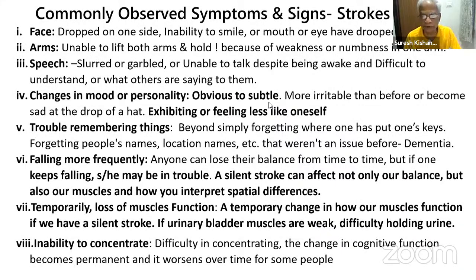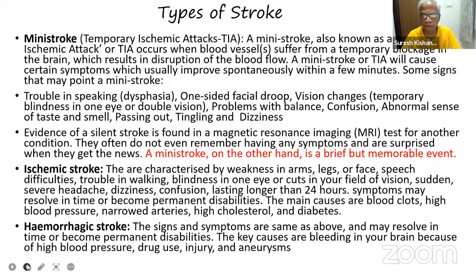Okay. Next, please. Next slide. So the other stroke which we also talk of is mini stroke, where there is a temporary ischemic attack. As I told you, this may be only for a short while and the person does not even know what happened. Most often in mini stroke, there is dysphagia only for a short while and one-sided facial droop. There are vision changes, confusion, and passing out of urine or stool wherever the person is.